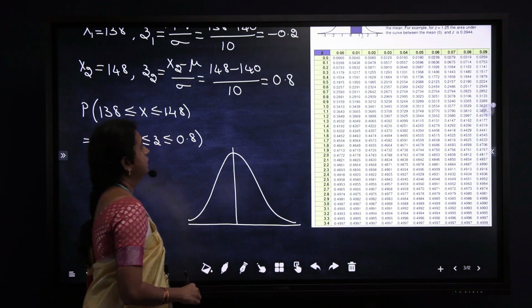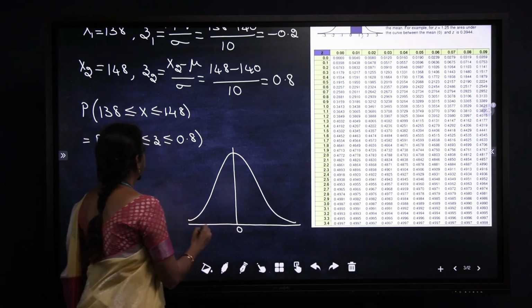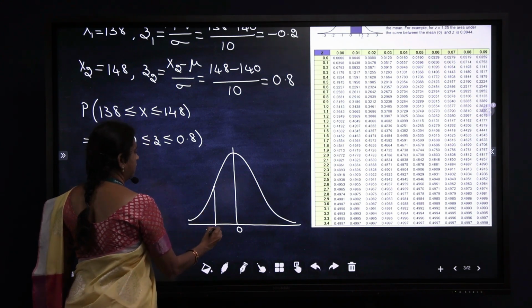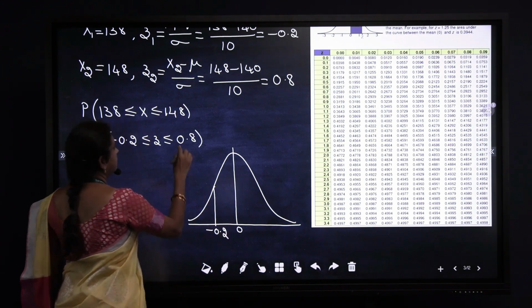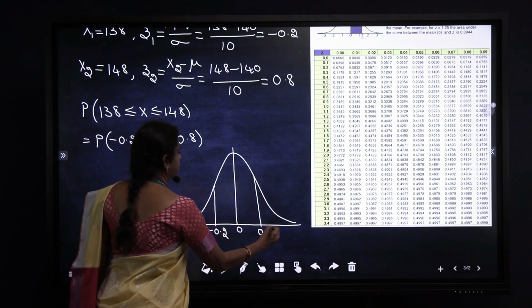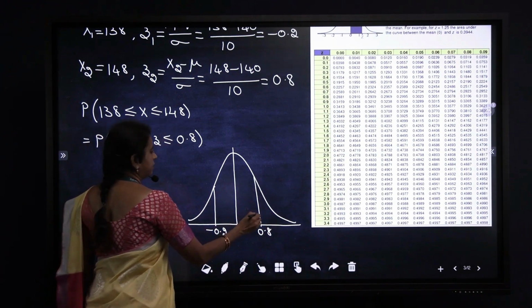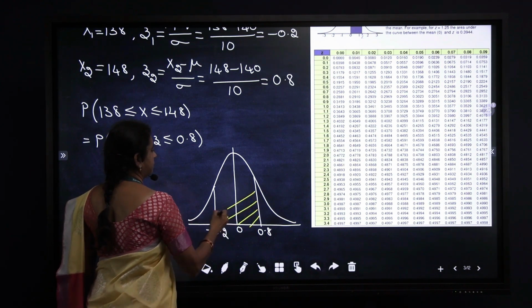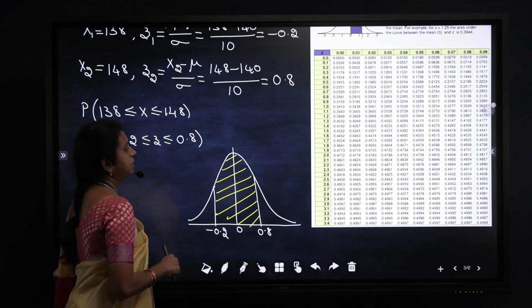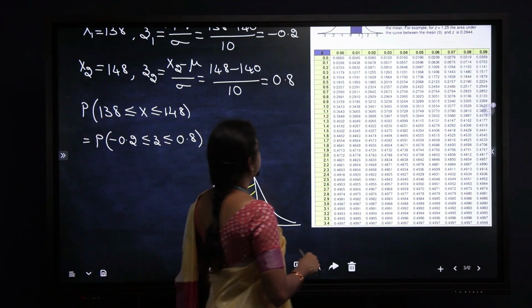Now this is z is 0, and here on the left-hand side it is minus 0.2. So somewhere here I'll take minus 0.2, and 0.8 I'll take somewhere here on the positive side, and this is the area selected. So from here again we'll see what the 0.2 value is.